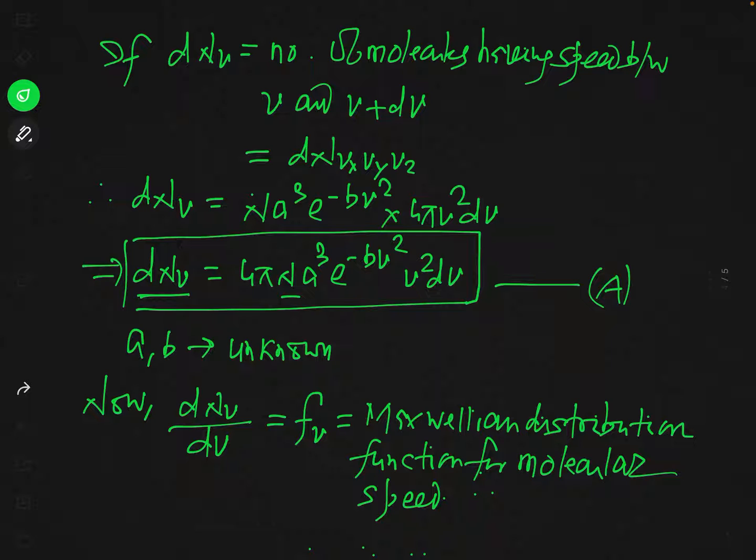So if you integrate this dnv for the entire range of speed, and what is the entire range of speed? It is in fact 0 to infinity. So when this dnv is integrated between 0 and infinity, then we will get the total number of molecules, and that total number of molecules is equal to n.